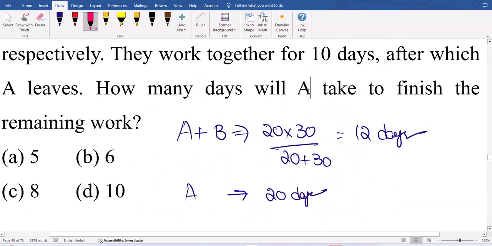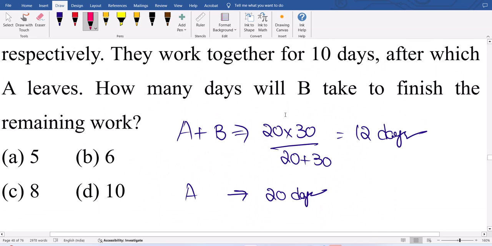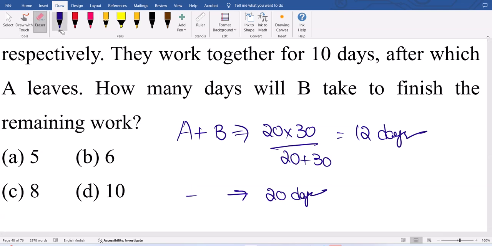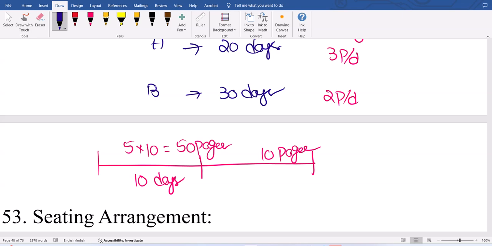To match the options, the remaining work is done by B. Then the options will match. B can type 2 pages per day. Total work is 10 pages, 2 pages per day, so 5 days are required.